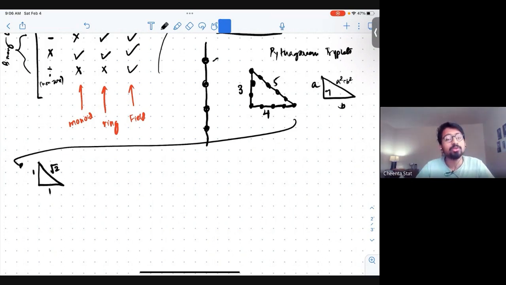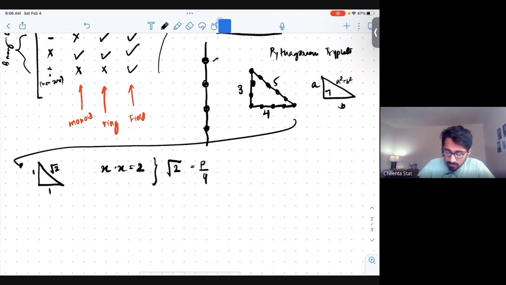And they found it to be root 2. How was square root defined? It's something which, multiplied by itself, gives 2. And they proved that root 2 is not rational. We have proved this multiple times.